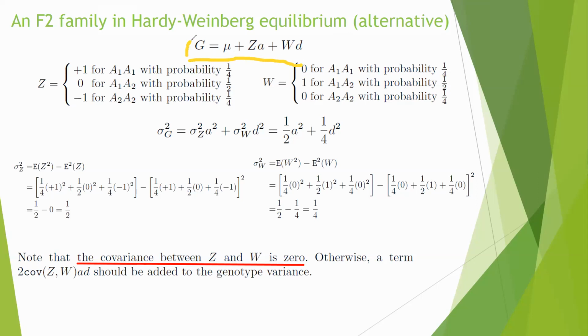That's the phenotypic value, sorry, not the genotypic value. And what is this? Mu, the midpoint, do you still remember?